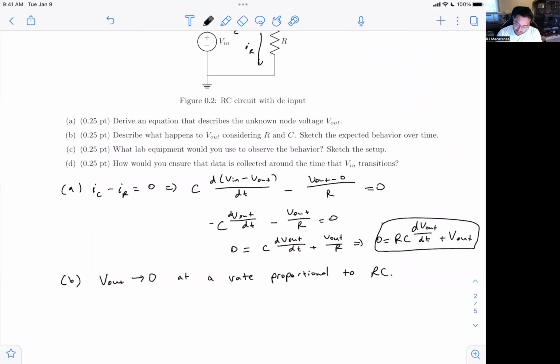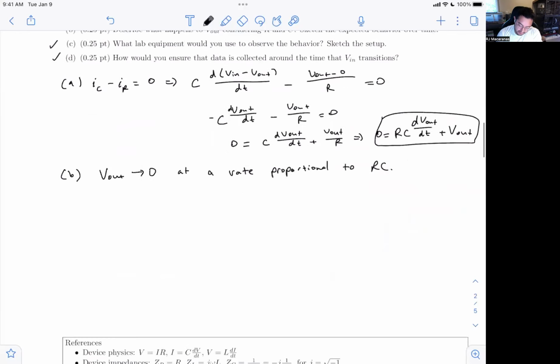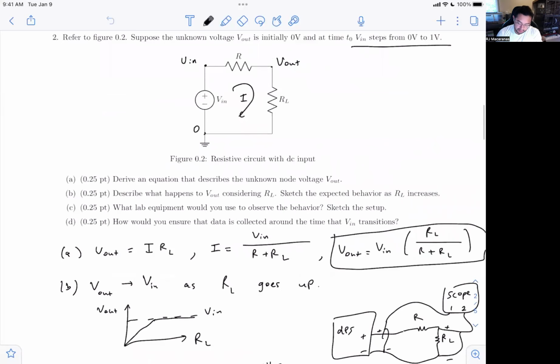And that's just telling by this equation that we figured out, V out is going to equal 0 at some point, and it's changing, right? It's got velocity, RC. And for C and D, these are, again, very similar. We need a power supply, oscilloscope, rising edge trigger. All right, good. Moving on to number 3.